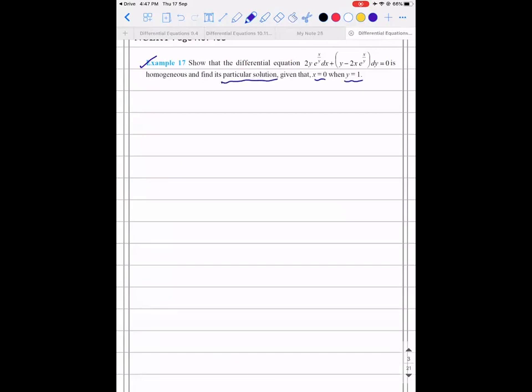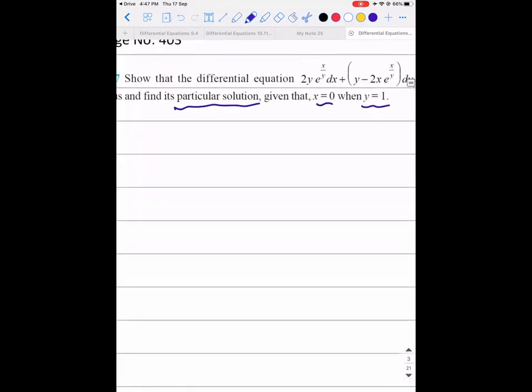Okay, one thing I would have told you till now is when you write dy by dx is equal to f of x comma y, then once you prove it is homogeneous, you can substitute y is equal to vx. Sometimes in the question itself you will get an indirect hint. So if you see this kind of a format, instead of y by x, it is x by y.